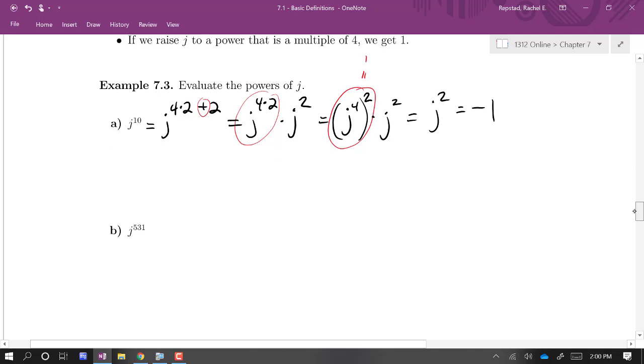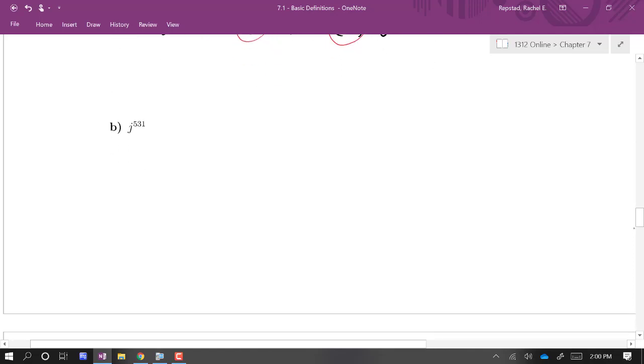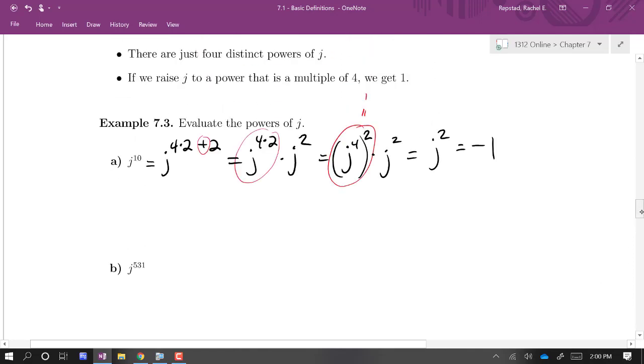What I want to do is take out multiples of 4, however many 4s will come out, and then see what's left over. However many 4s come out, that's just going to end up being 1. And the part that's left over in the power is what j to the 10th was equal to, j squared. That was the important part that was left behind.